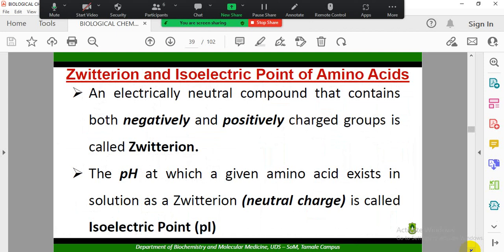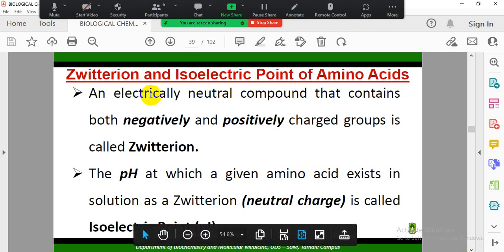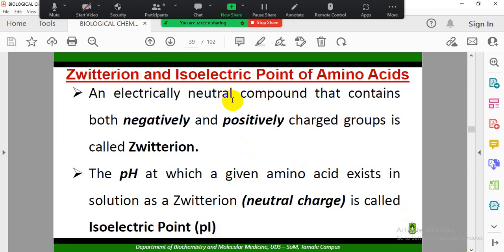Okay, so let's go to zwitterion. We'll be ending very soon. Then Monday we start the proteins. So a zwitterion is what? An electrically neutral compound that contains both negatively and positively charged groups.